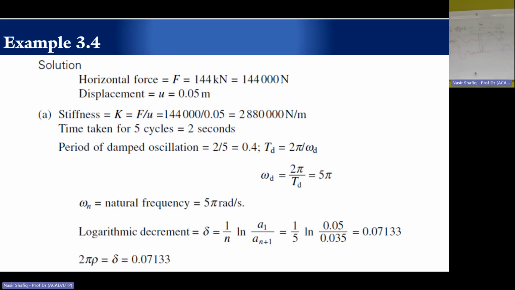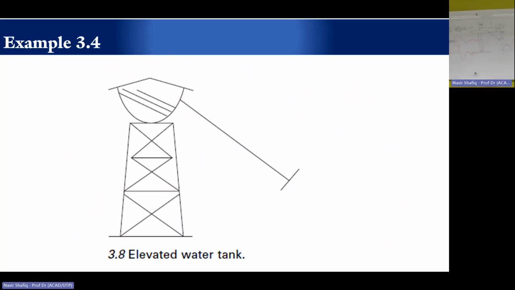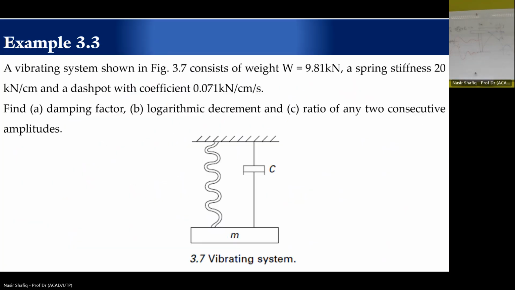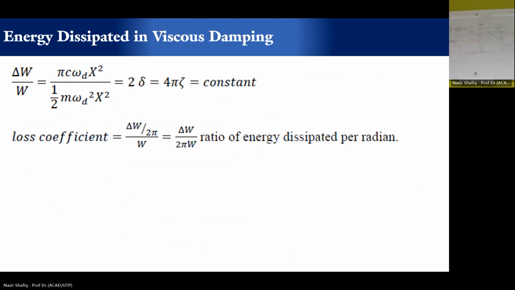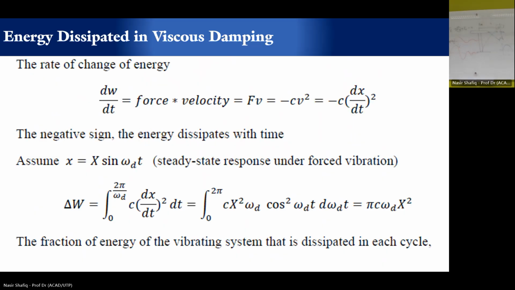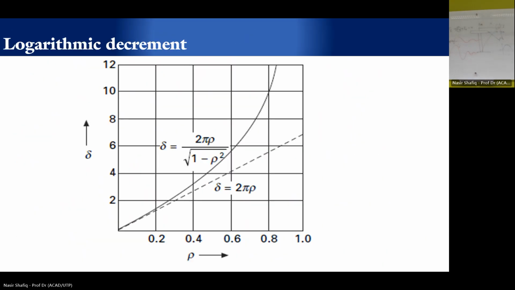So this is the logarithmic decrement, and the logarithmic decrement is equal to 2 pi rho, where rho (psi) is the damping ratio.